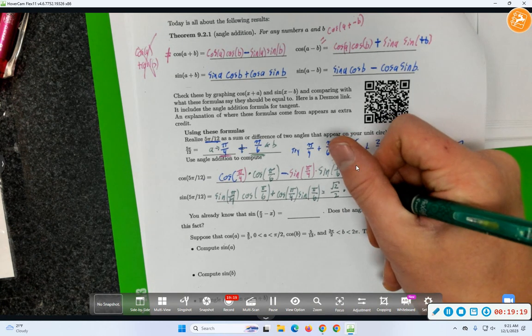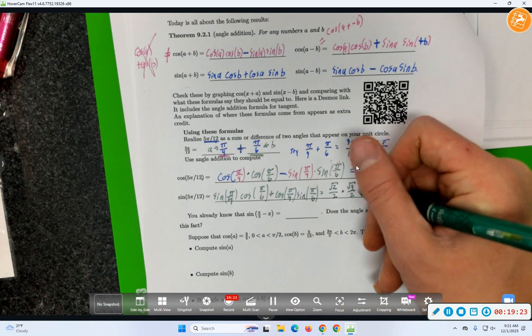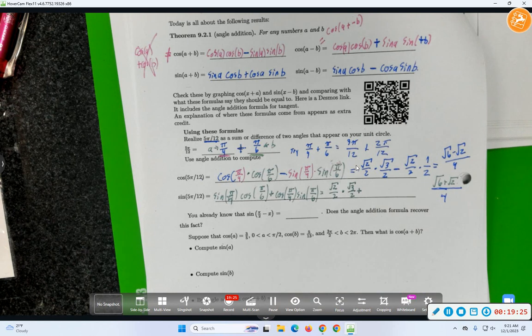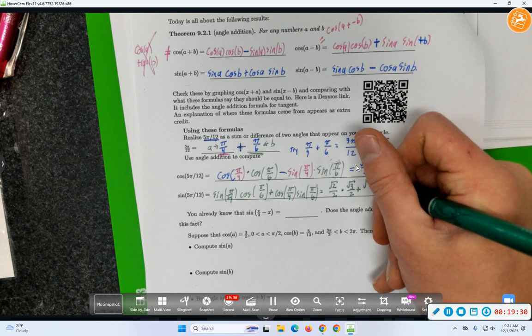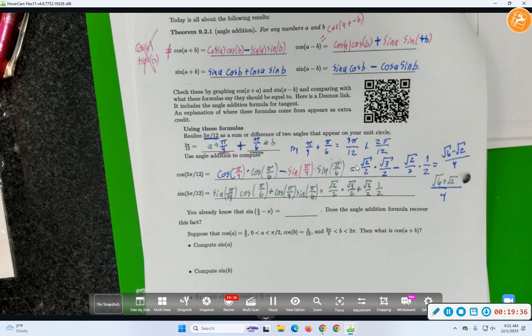Root 3 over 2. Plus cosine pi over 4. Root 2 over 2. Sine of pi over 6. Does that work out to the thing that's pulled out to the right? Cool, yeah.